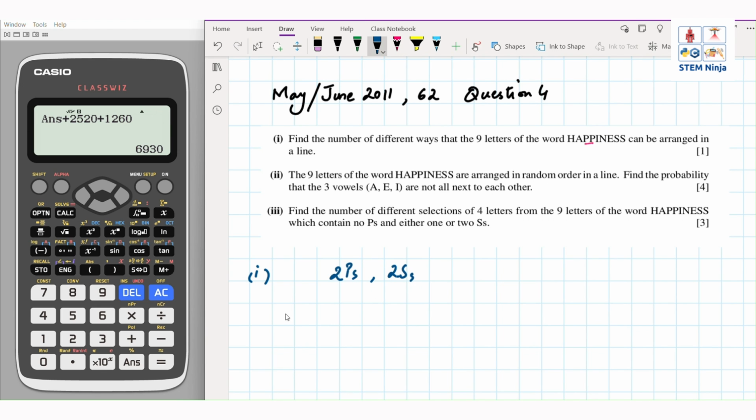So if we want 9 letters arranged, that would be 9 factorial divided by 2 factorial divided by 2 factorial. So that would be 90720.